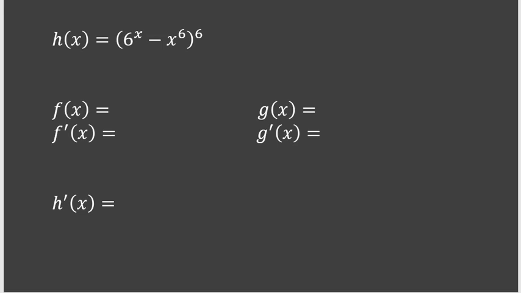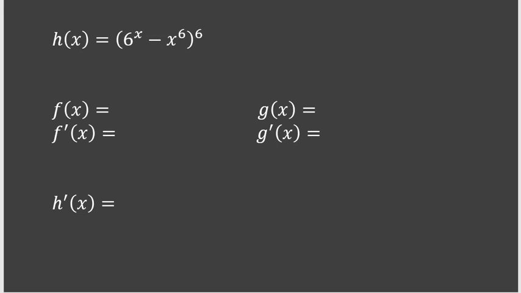Looking at h, it looks like we're taking a whole bunch of stuff and raising it to some power. Translating that verbal cue into math, all that stuff that we're raising to this power of 6, that's going to be my inside function.